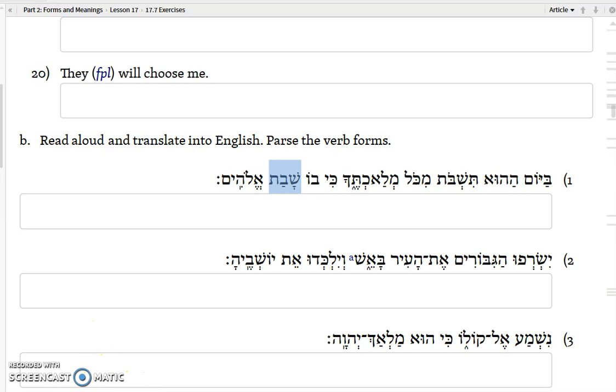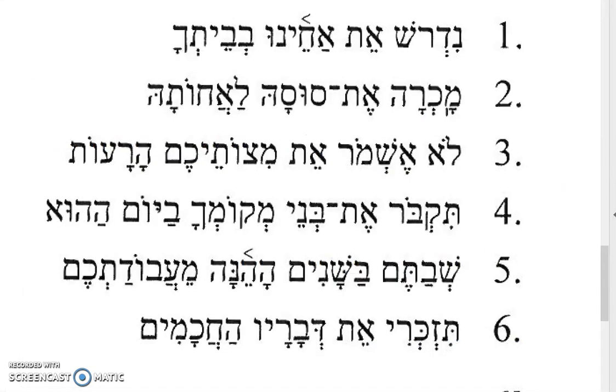Let me move on to some of the supplemental exercises from Clemens. This is from page 65 of David Clemens' Supplementary Exercises for Introducing Biblical Hebrew by Alan Ross. So here's the first one. Nidrosh et achenu v'veitecha.